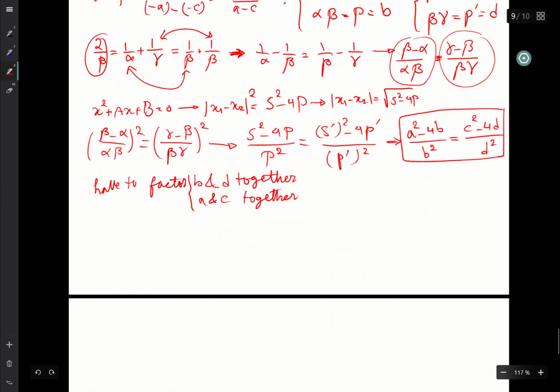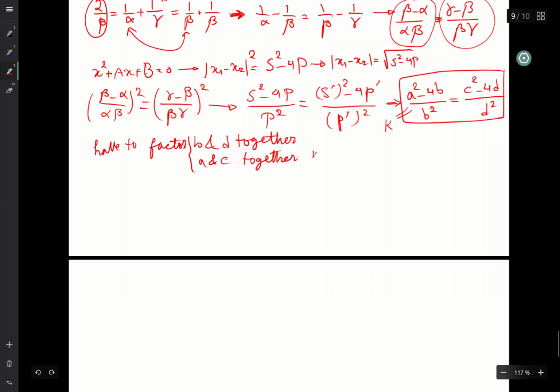Let's call this common ratio something like k, okay? So k is a squared minus 4b divided by b squared, which is equal to c squared minus 4d divided by d squared.